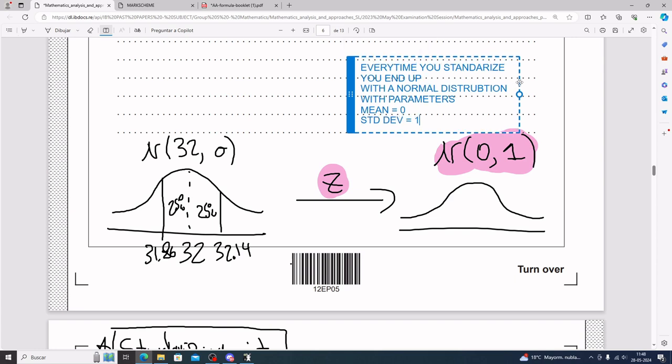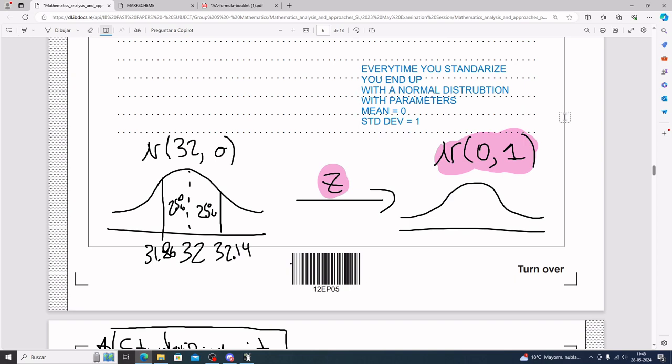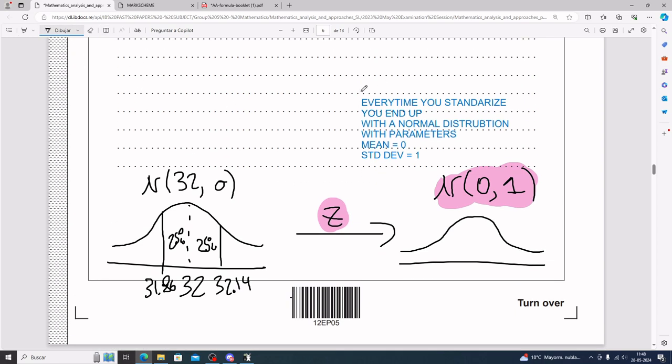Every single time. So it's very familiar land, a familiar space. It's always going to be a mean of 0 and a standard deviation of 1.